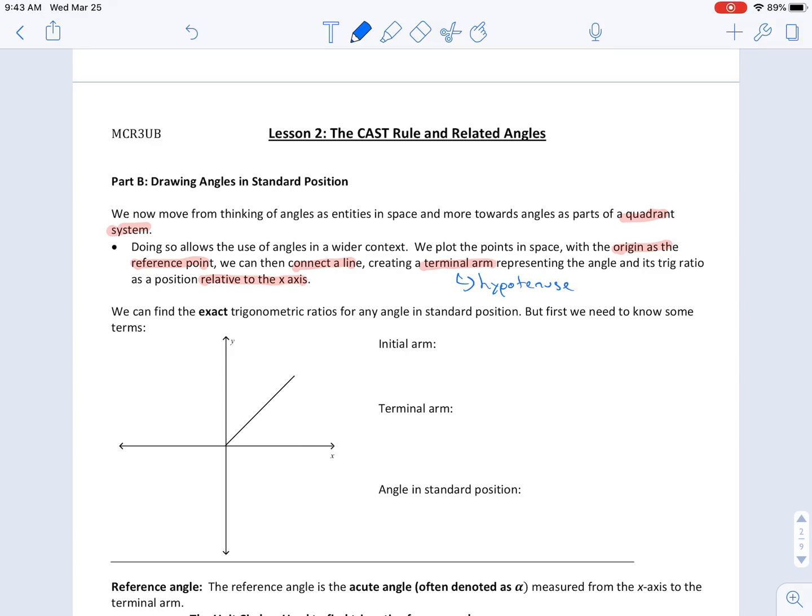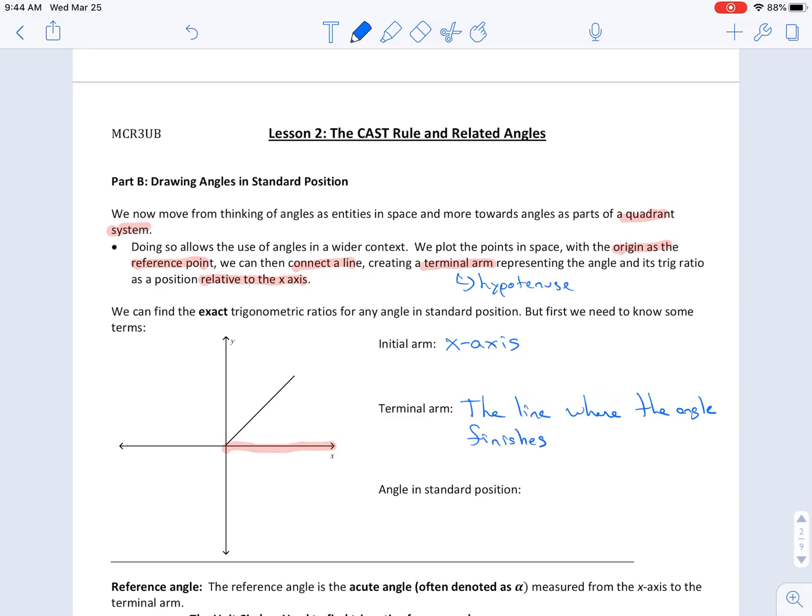The initial arm, although not really that important, is really just the x-axis. It is important in terms of how you start this, but the name of it doesn't really matter. So this is my initial arm, where I start my angle. My terminal arm is the line where the angle finishes.